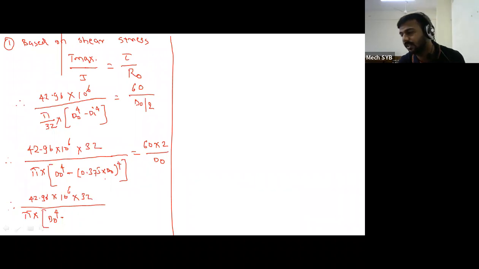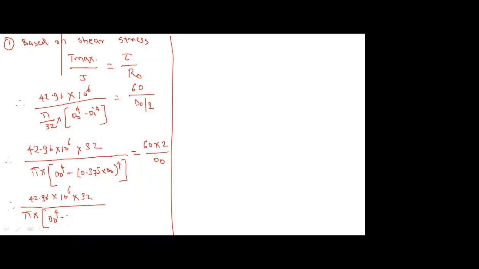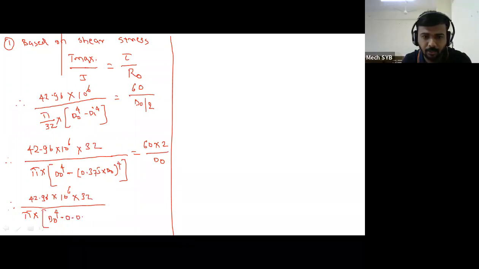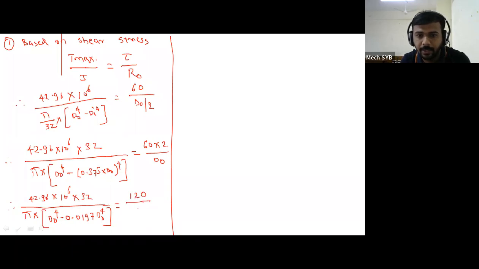What will be the answer? 0.375 raised to 4, what is the answer? 0.0197. 0.0197 into do raised to 4 as it is, square bracket complete, is equal to this 60 into 2, means it becomes 120 divided by do.